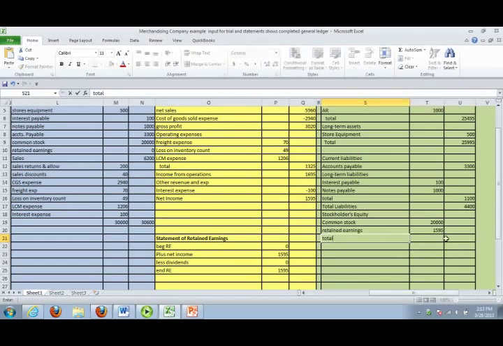Do a total, add those up, and then to balance the balance sheet, you need one more total. So total, I'll just put SE for stockholders' equity. Auto sum again. That's why sometimes throwing the totals to the right makes some of these totals a little easier.